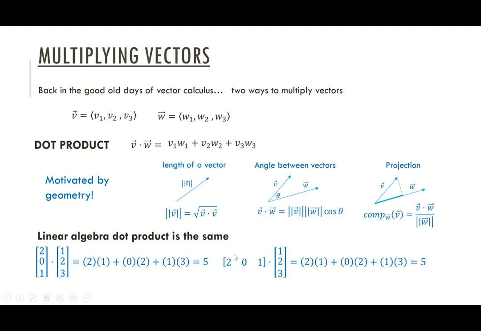Same thing, just multiply the entries and add them up. So in linear algebra, when we take the dot of two vectors, it can be a column vector times a column vector, or a row vector times a row vector, or a row times a column. Either way, it's not sensitive to whether you're multiplying rows or columns. So the dot product is going to be important for how we define matrix times vector multiplication.